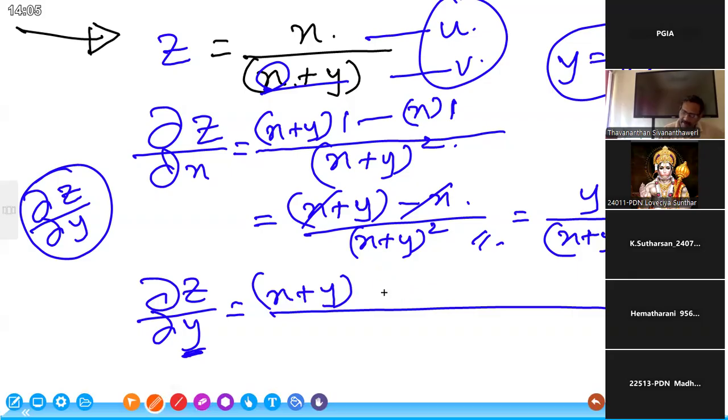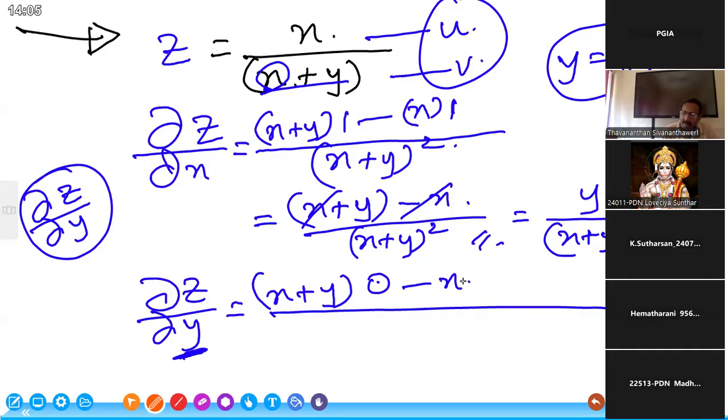The derivative of u is x here, so that it is 0. The derivative of a constant is 0. Then with respect to y, minus u, that will come as it is.